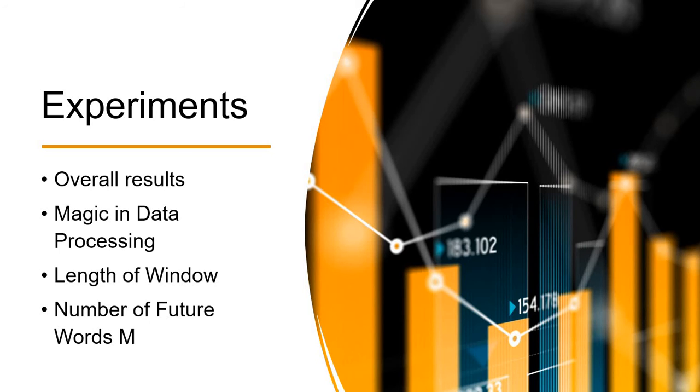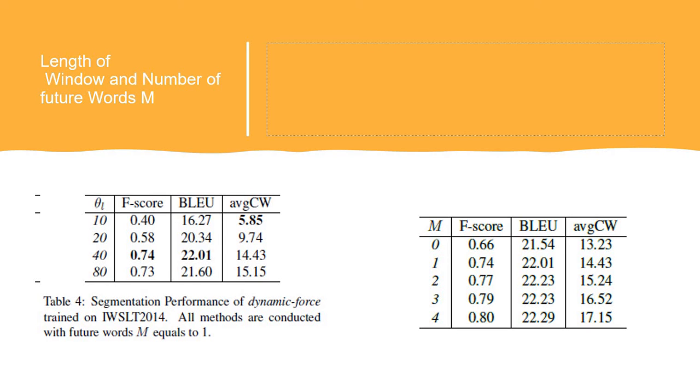And then the length of window. Here they discuss the effect of changing theta, or the length of window. The performance of dynamic voting with varying length of window is shown in the table below. The smaller length brings shorter latency as well as worse performance.